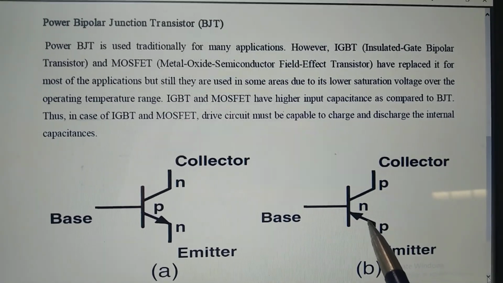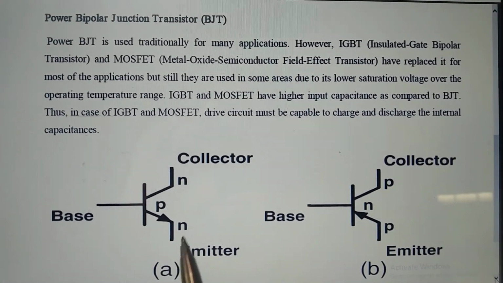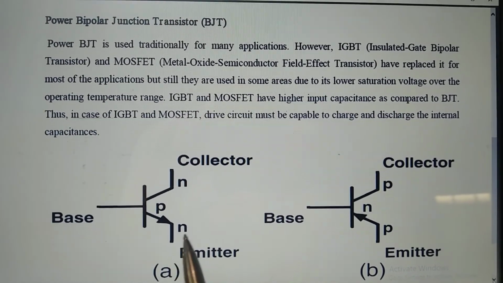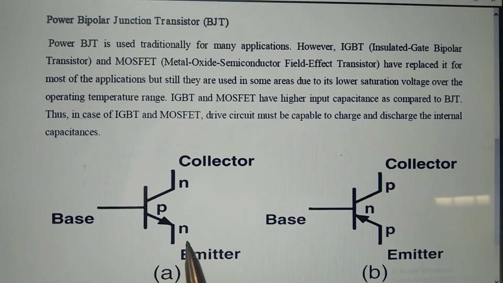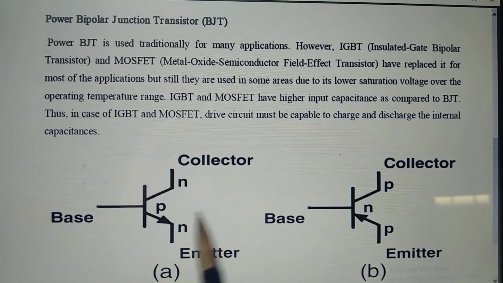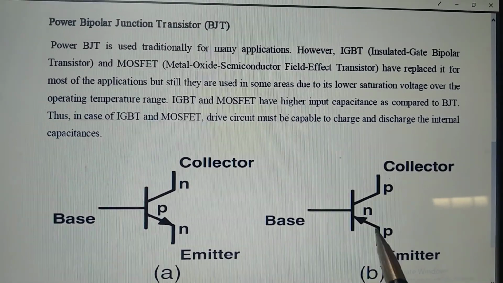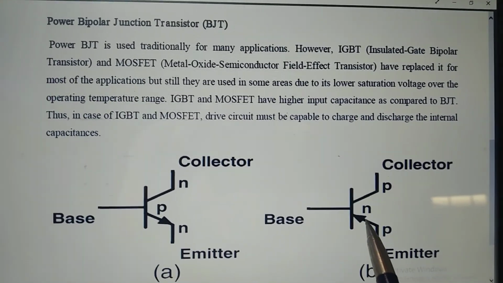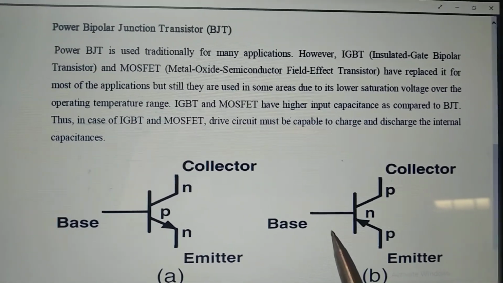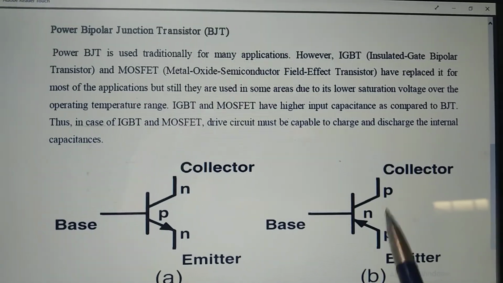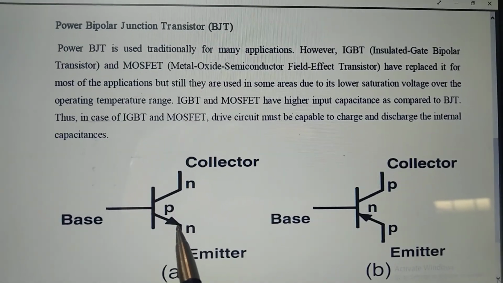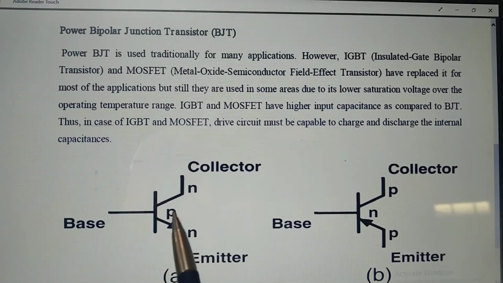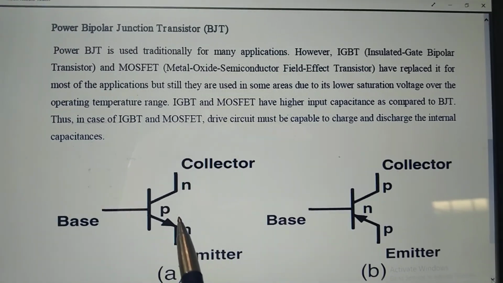Based on the arrow mark, outwards and inwards decides the type of the BJT. Arrow mark indicating inwards to the device is why this one will become N type, and the arrow mark is outward side, that's why this is a P type BJT.